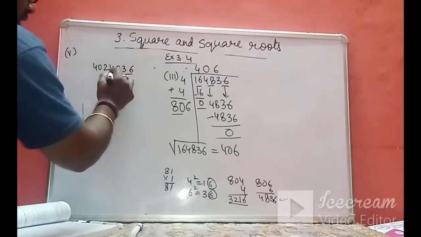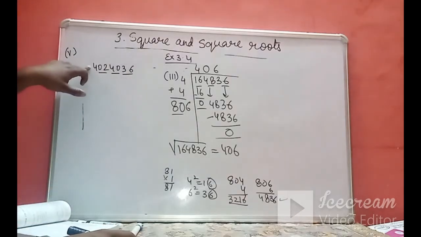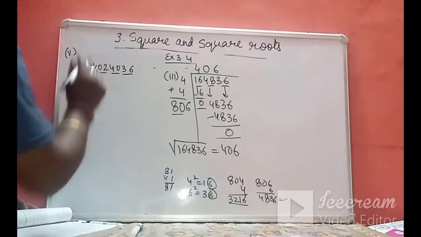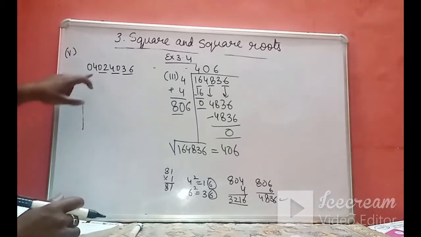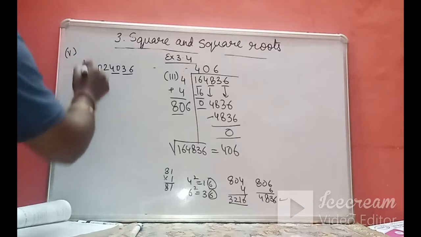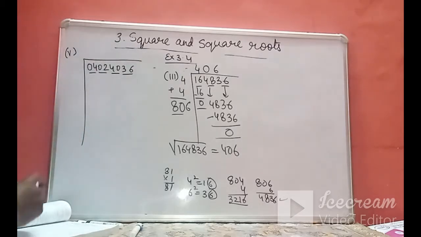Okay, suppose if you have the number like this, you got the pair. Now after making the pairs, a number is left. So what we know, if I put a 0 here, the number will not change, but by putting this number I can form a pair. Like this. So if you got the situations like this, then you will put a 0 before the number.